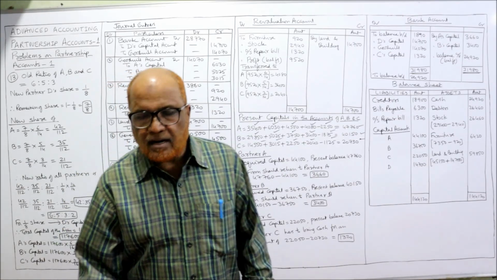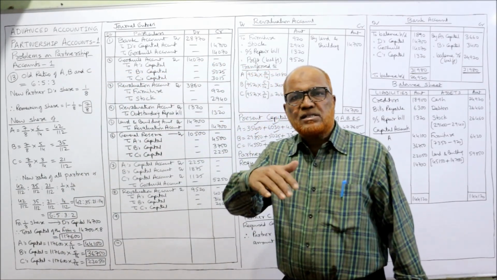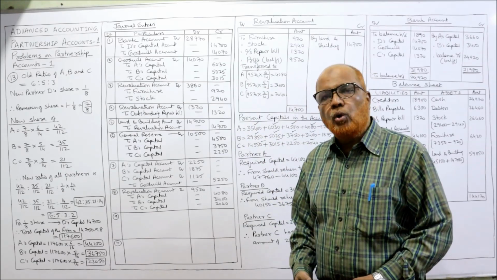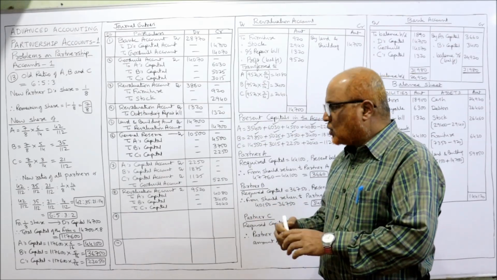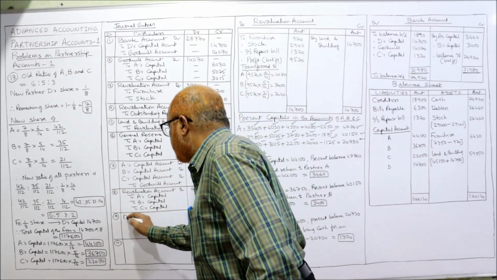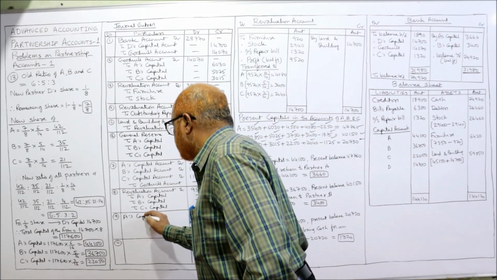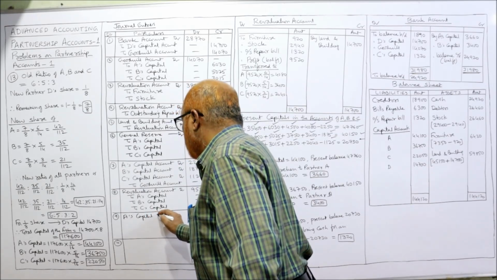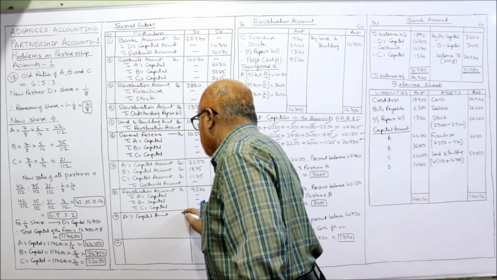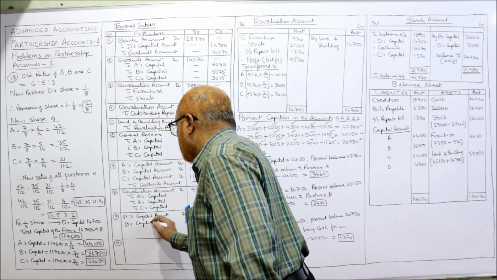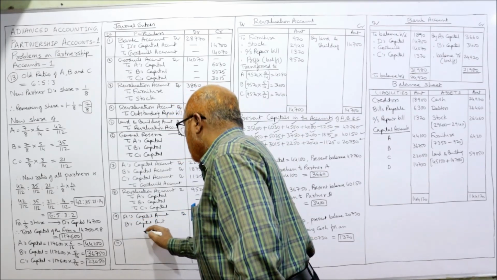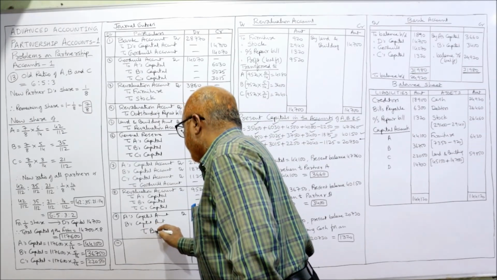Now we have to pass the entries for this excess cash returned. To whom is excess cash returned? A as well as B. So the entry will be A's capital account debit, B's capital account debit to bank. Right?